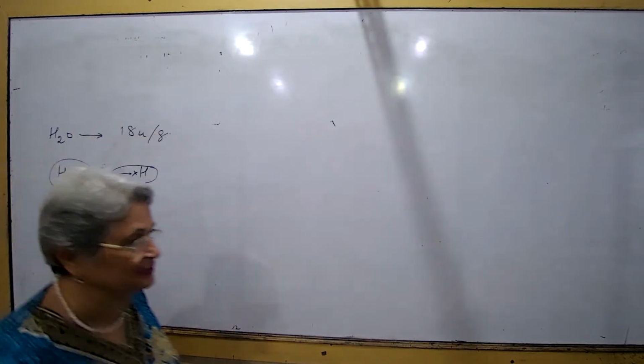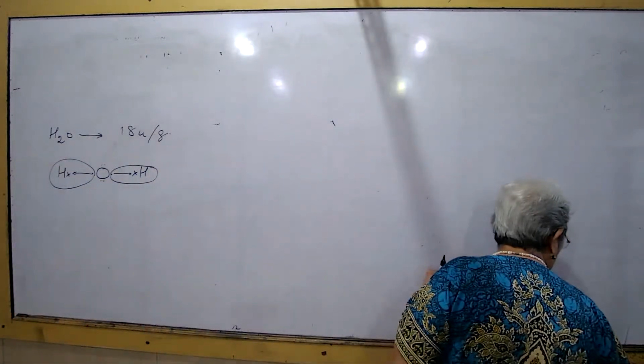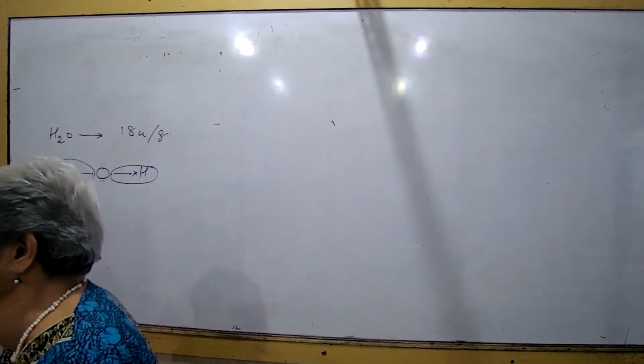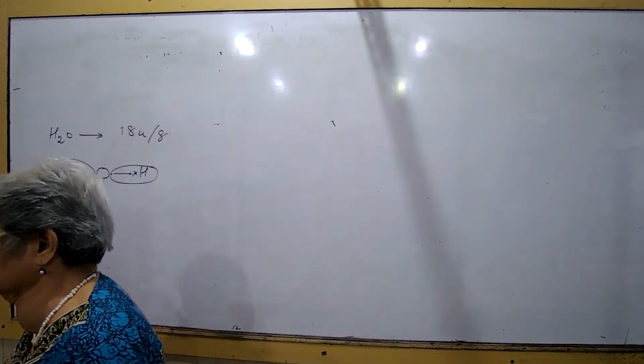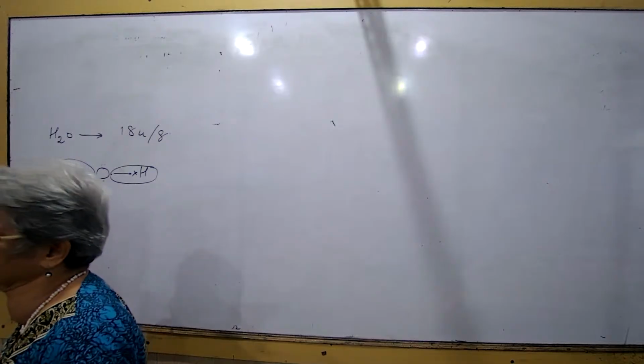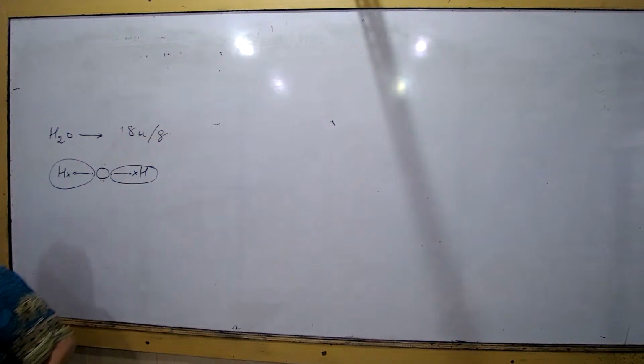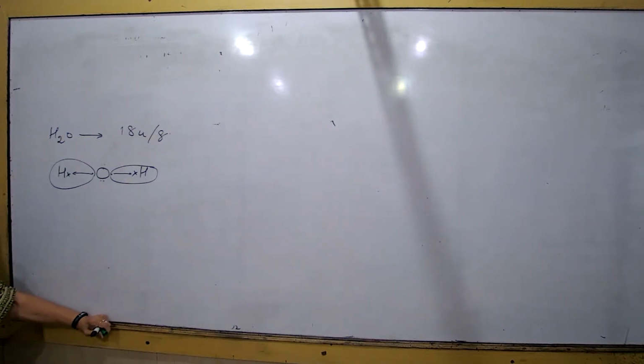And now, how many electrons does oxygen need for stability?